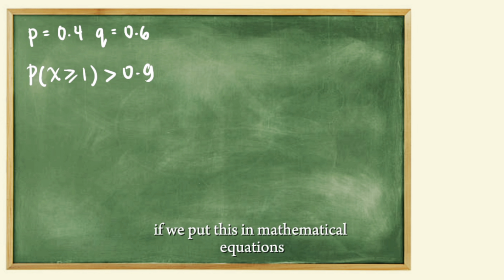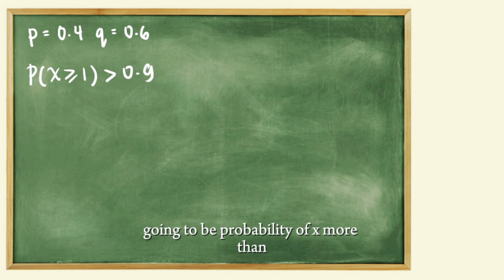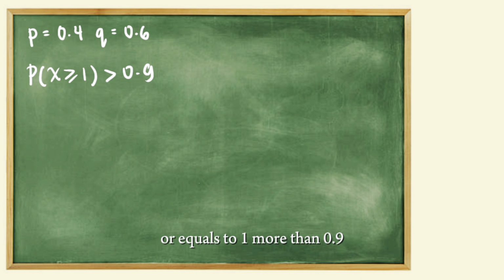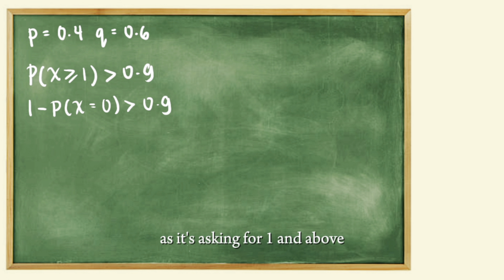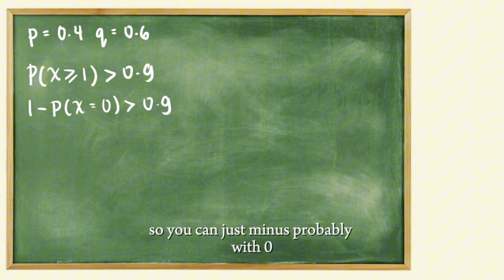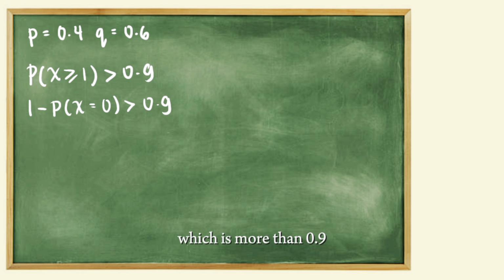Therefore, if we put this in a mathematical equation, it's going to be probability of x more than or equal to 1 more than 0.9. We can expand this equation to 1 minus the probability of x equals 0, as it's asking for 1 and above, so you can just minus the probability of 0, which is more than 0.9.